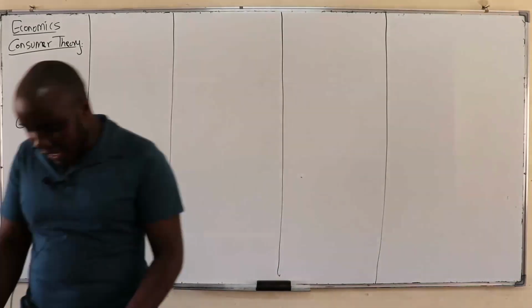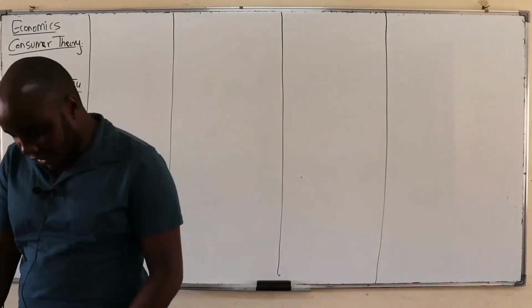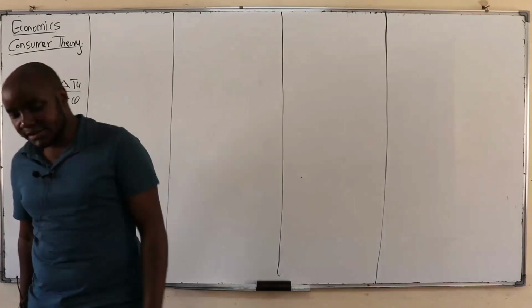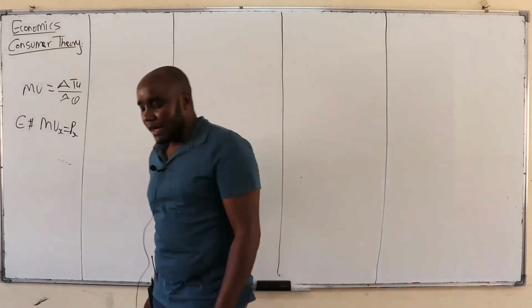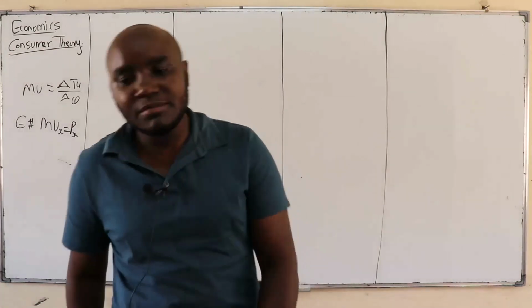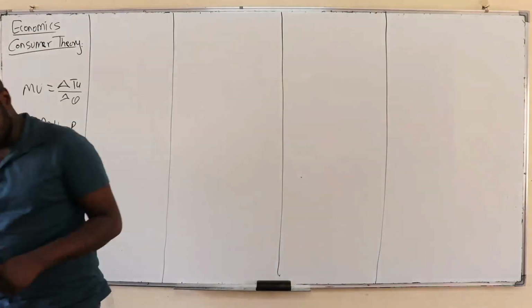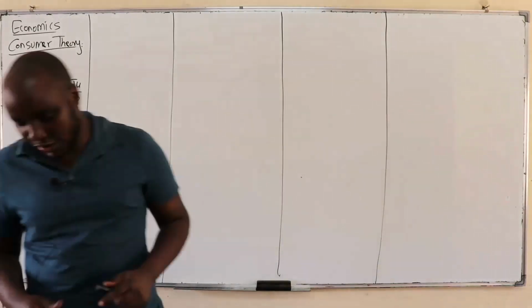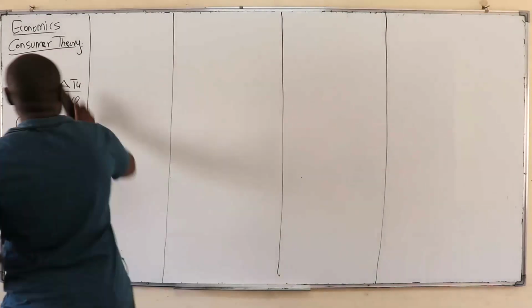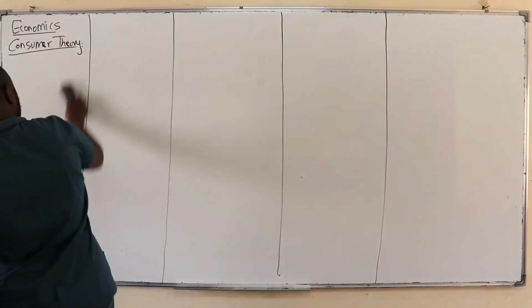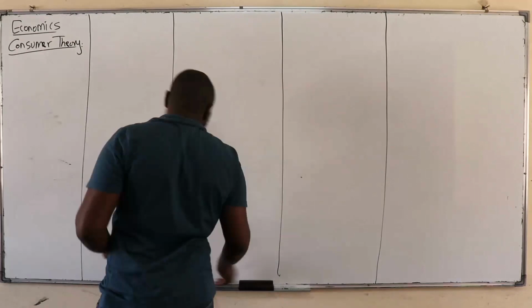We later derived the demand curve for the consumer, and we also criticized the cardinalist theory. Number one, the utility cannot be measured, or your level of satisfaction cannot be measured. Also, the marginal utility of money is not constant, because the desire for money is increasing for everyone.